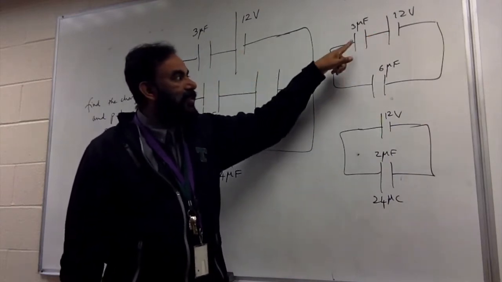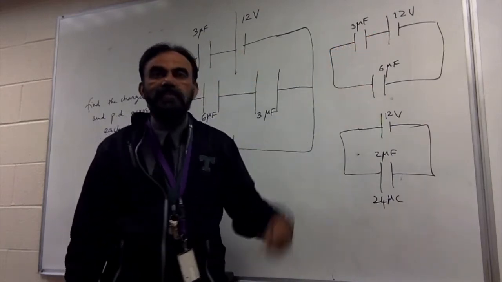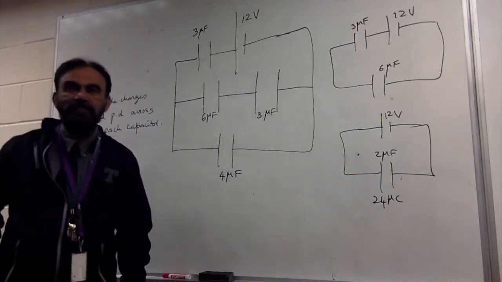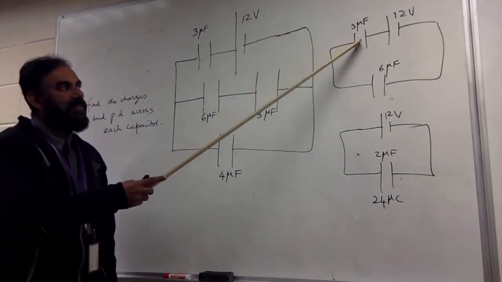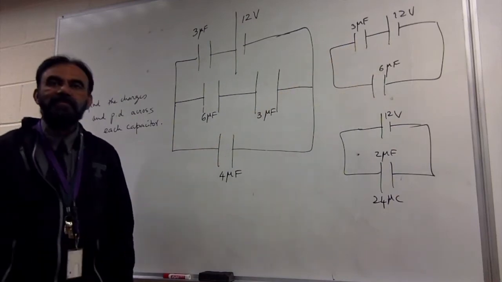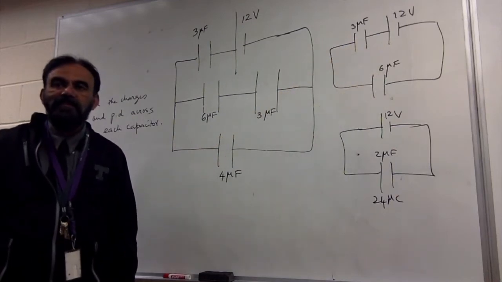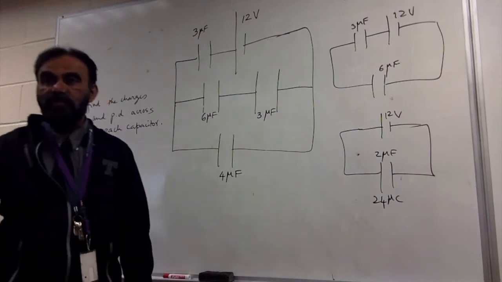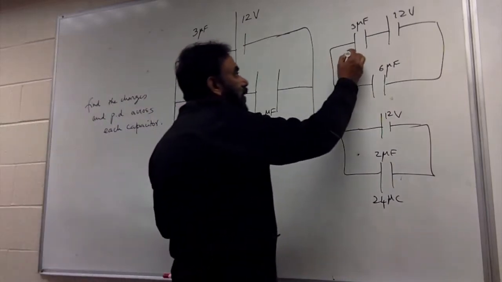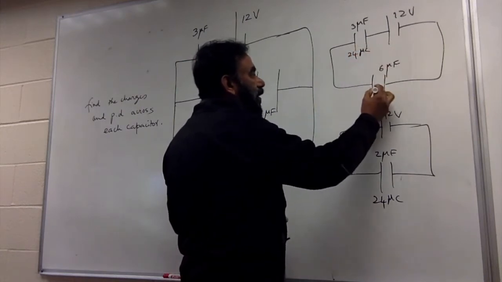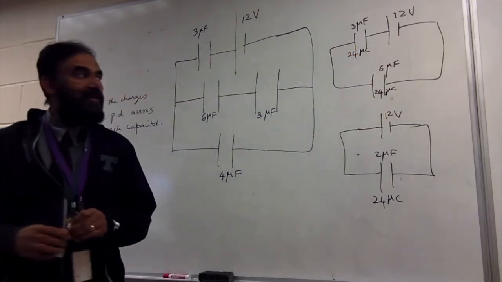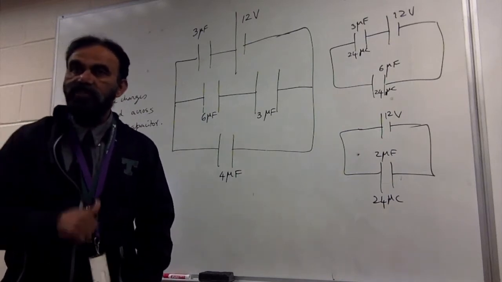So what do you think is the charge on this and on this? How much charge will be here? 24, 24? I told you to write it down also, right? That is correct. 24, 24. In all series capacitors, what is common is the charge.